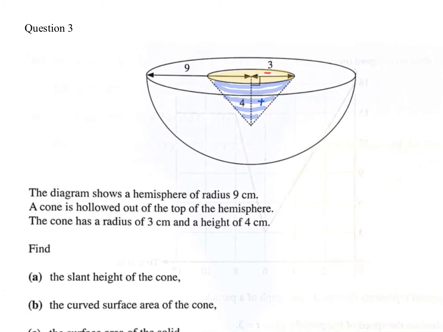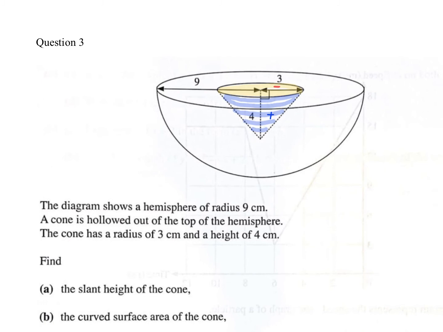Okay, let's read the question a bit further. A cone has a radius of 3 cm and a height of 4 cm. So now let's recall our formulas first. What are the formulas for volume of sphere? Volume for the sphere, in this case a hemisphere, will be half times 4/3 pi r cubed, right?